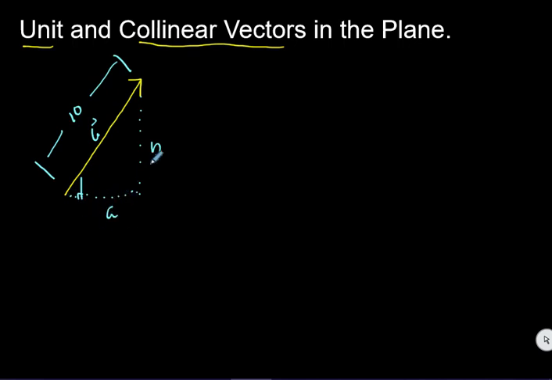So each component of this vector, let's make this vector v. If I wanted to find the unit vector u of this vector v, I'd have to scale it by its magnitude. So I'd take 1 over the magnitude of v, times its components a, b.